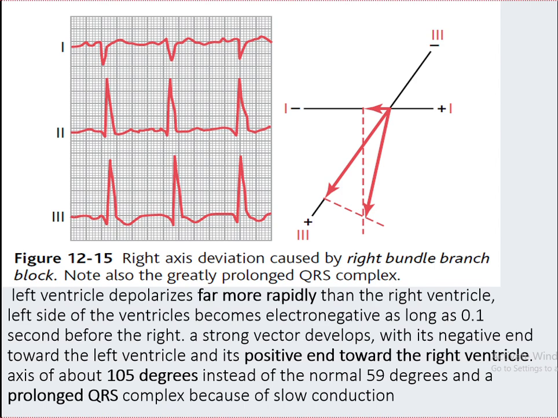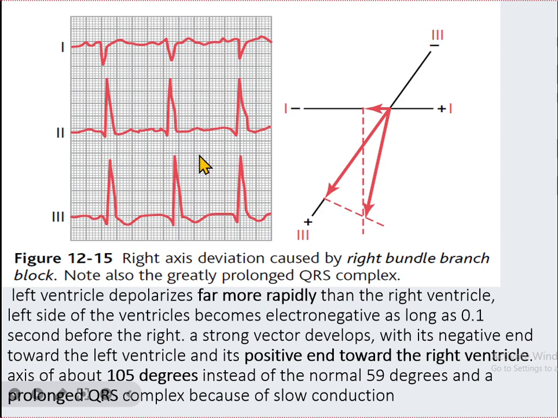Meaning when you notice on your ECGs and look at the standard limb leads, this one is now more peaked, almost having the same peaks as lead 2.